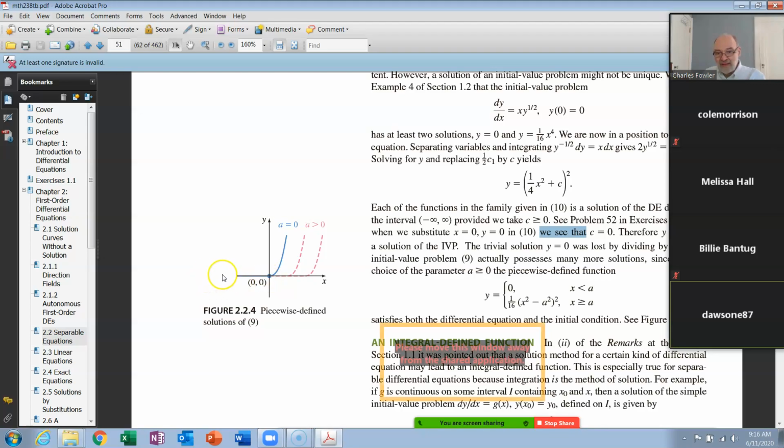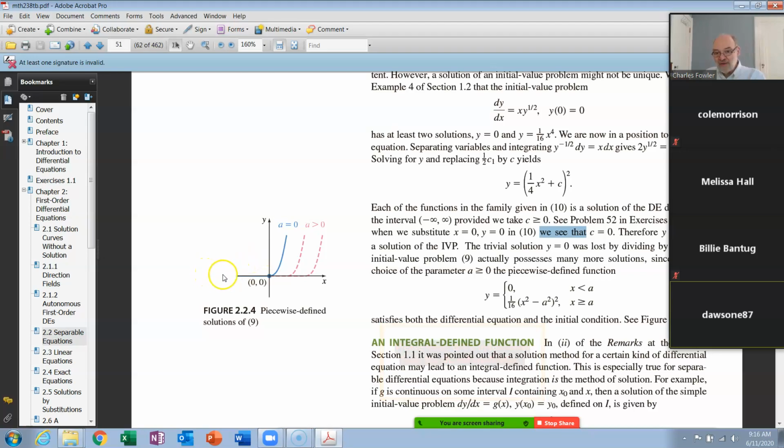So either one solution would be the line y is equal to 0. The other solution would have been your quartic solution, which came down like this and went up like this. Now, don't worry about the a's yet. We're going to get to what they're talking about there. Now, because both of those are solutions, you can mix and match. I think we did this before.